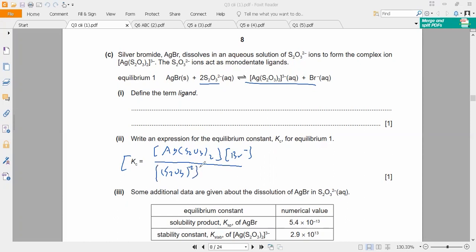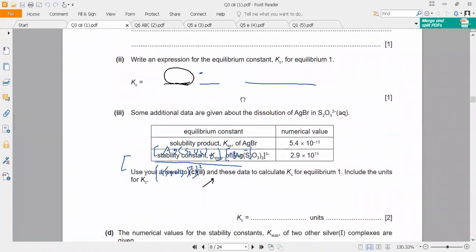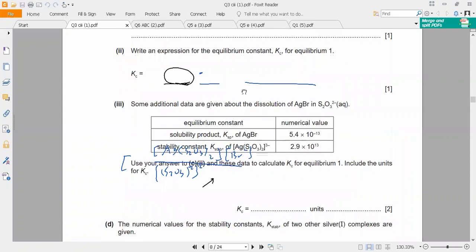This one is raised to the power of 2 because we have 2 moles of it. Guys, look, AgBr is solid. So its concentration is treated as constant. Guys, we don't include it in K expressions. Solids and water, as I said, we don't include them in K expressions. So this is, guys, the correct form of K. I will keep it because we will need this one in the next questions. Okay.